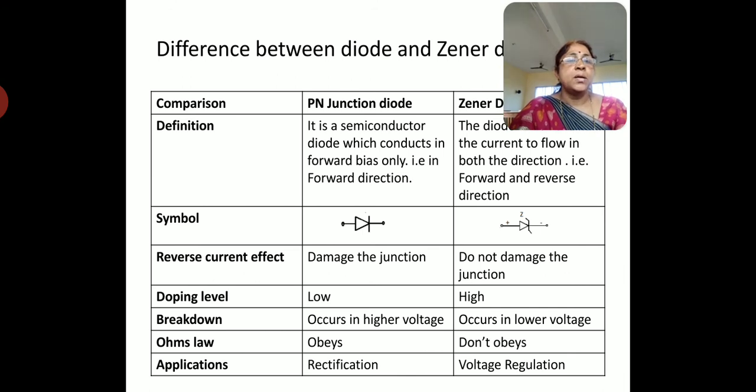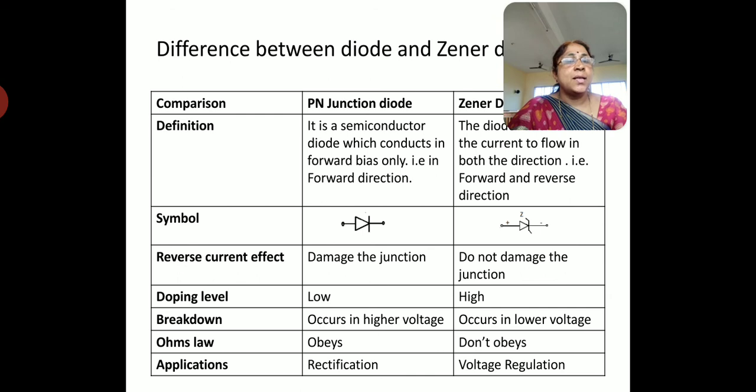Then breakdown. In the case of the PN junction diode, breakdown occurs at higher voltages, whereas in the case of the Zener diode, breakdown occurs at lower voltage. Then Ohm's law. The PN junction diode obeys Ohm's law in forward bias, and in reverse bias it initially obeys, but after the current abruptly increases, it does not obey, whereas the Zener diode does not obey.